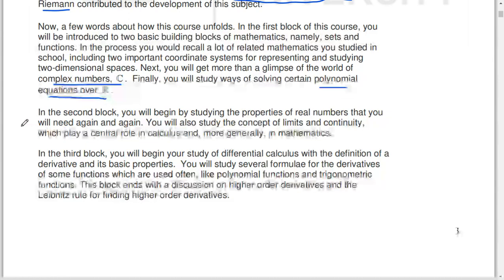In the second block, you will begin by studying properties of real numbers that you will need again and again. You will also study the concepts of limits and continuity, which play a central role in calculus and more generally in mathematics.